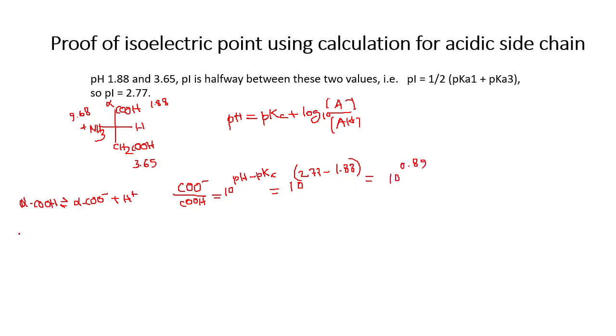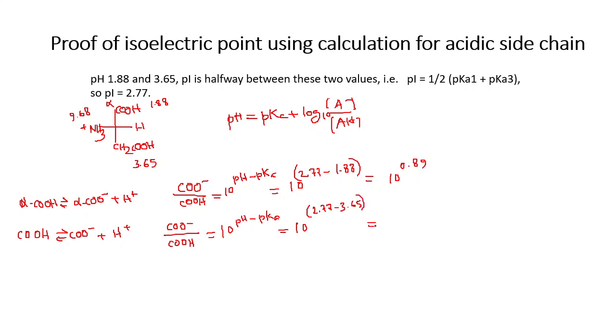For the side chain COOH, that is dissociating into COO minus plus H plus. So COO minus by COOH becomes 10 to the power pH minus pK, equals 10 to the power 2.77 minus 3.65.